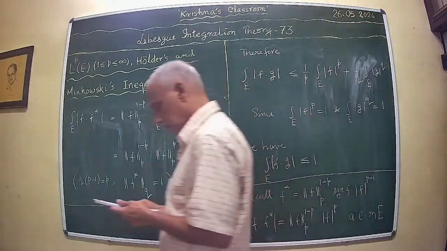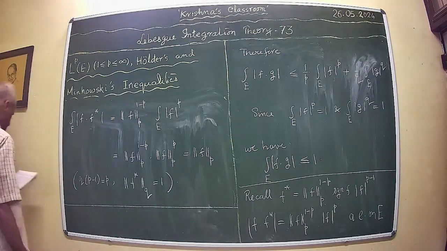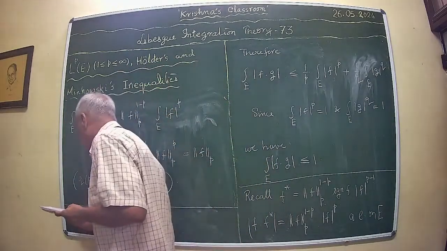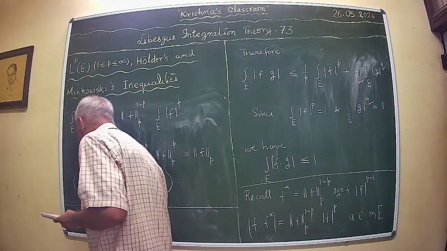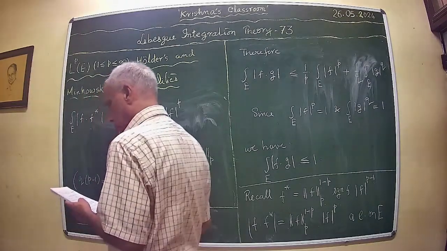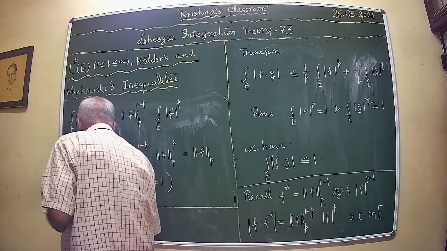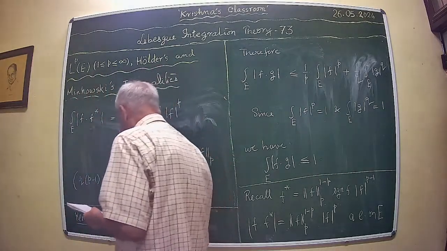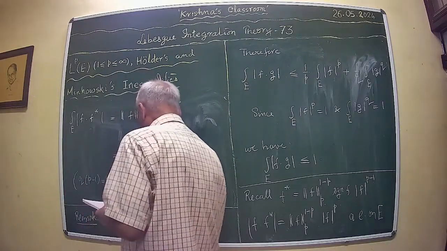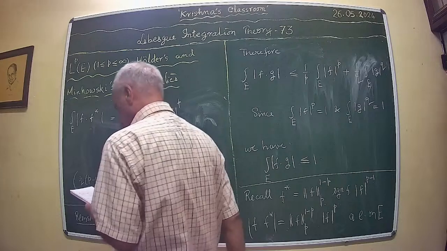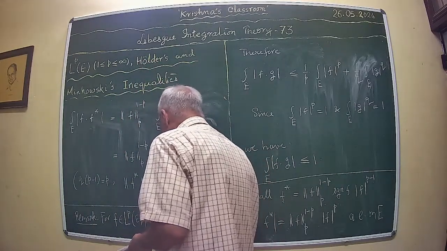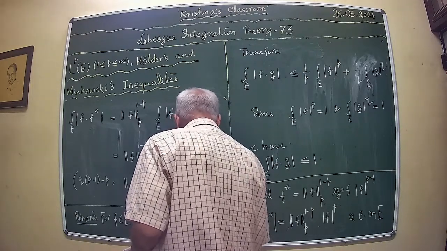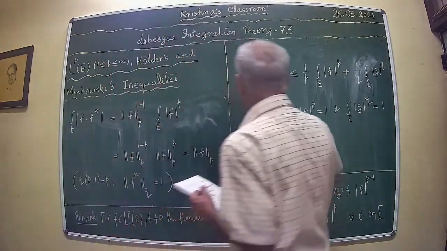Okay. We make the remark. For f not equal to 0, the function f star is called the conjugate function of f.